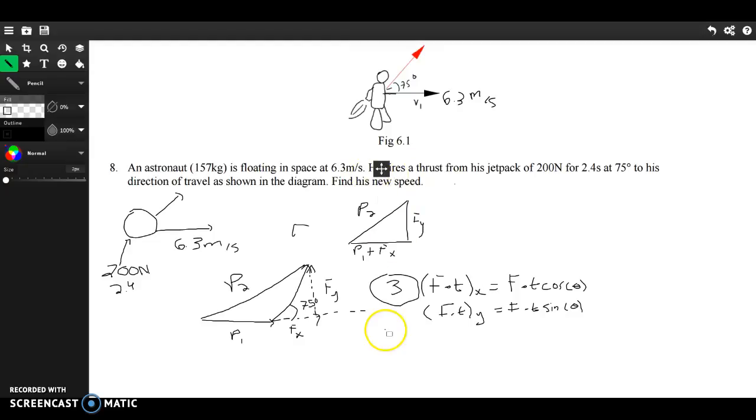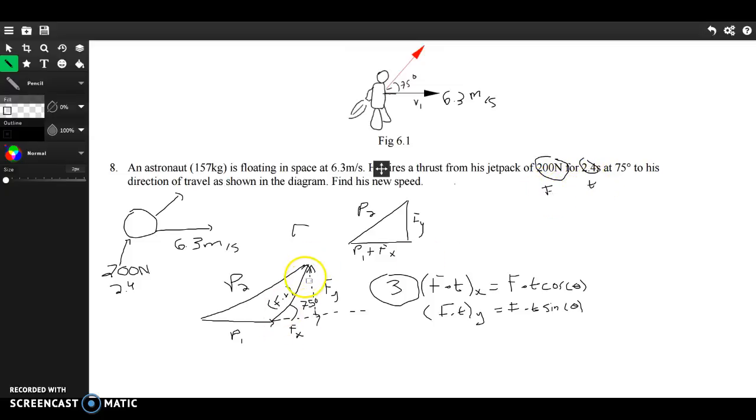So the way I got this is, if you look at this diagonal right here, we can write this as F times T. Because what's happening is that he's firing his jetpack for 200 newtons for 2.4 seconds. Force, time.